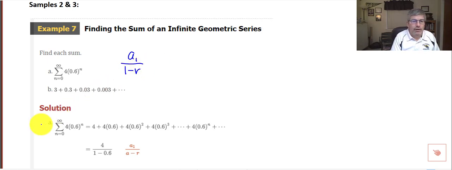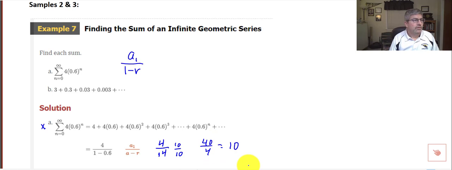So our a sub 1 is 4 over 1 minus our r, which is 0.6. So that becomes 4 over 0.4. If I multiply top and bottom by 10, that would eliminate my decimals. That becomes 40 over 4, which is 10.